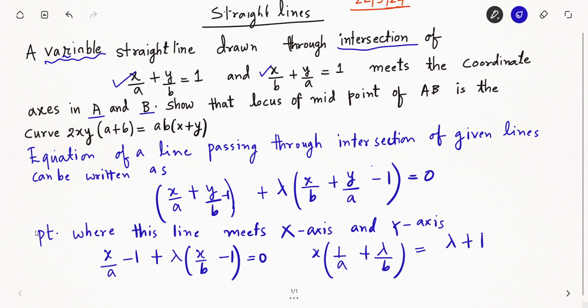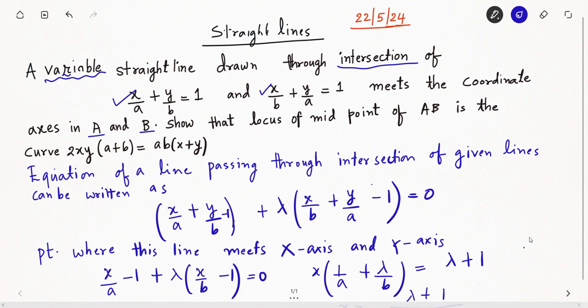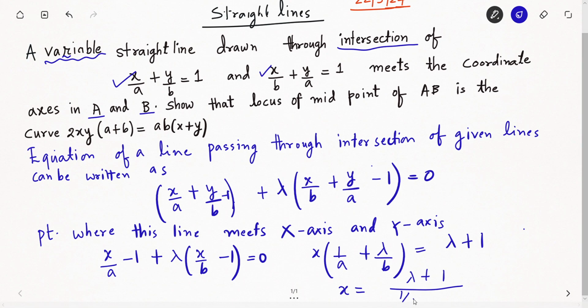So x is equal to lambda plus 1 upon 1 by a plus lambda by b. This is the value of the x coordinate.